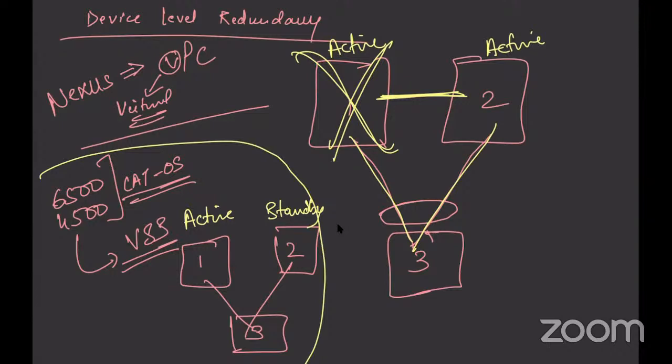And 5Ks, is VPC going to be supported? 5Ks you will have different series. For example, 5Ks are obsolete, but 5500 and 56 are still running. VPC is supported in all the series: 9K, 7K, 5K, 2K, 1K, all the series support VPC.